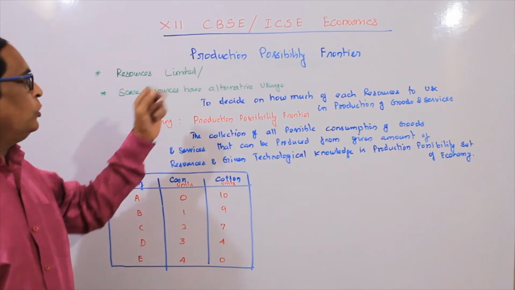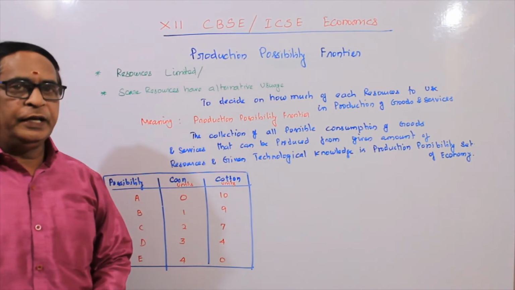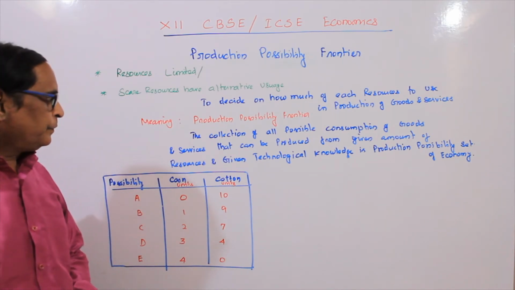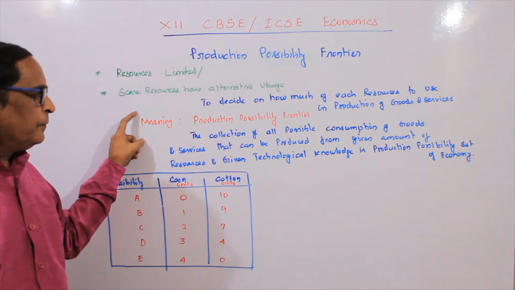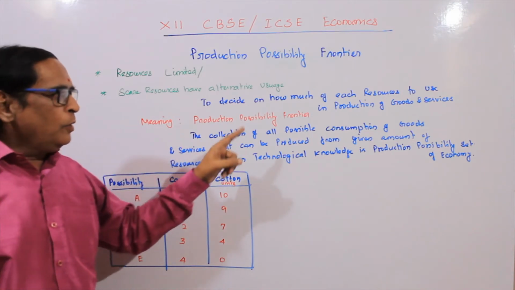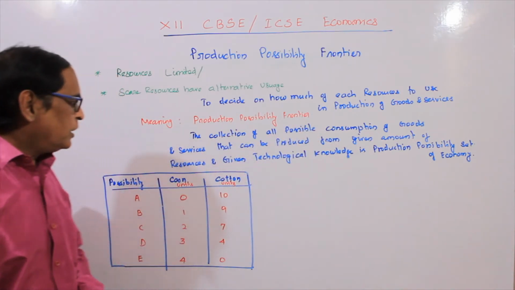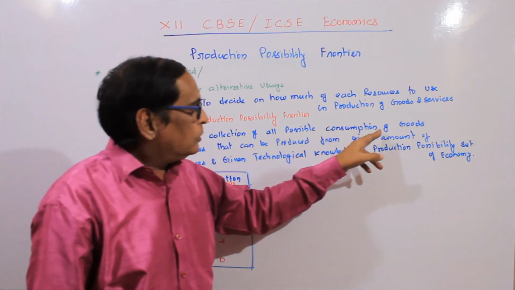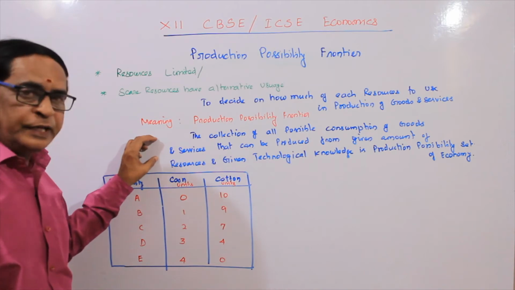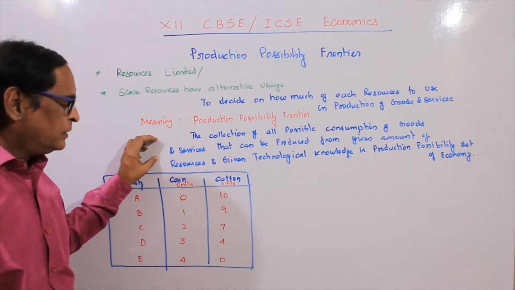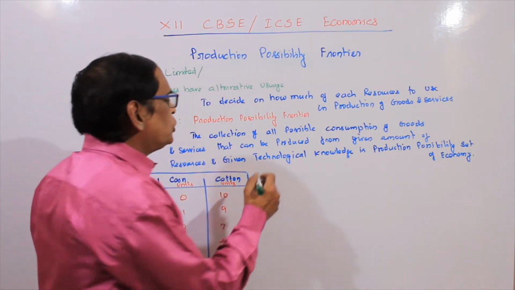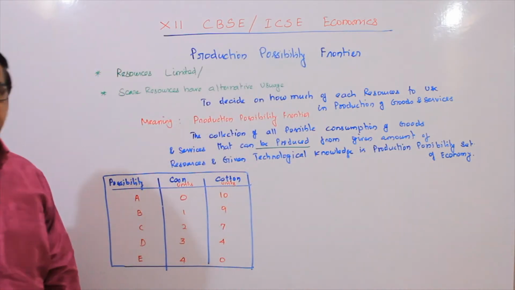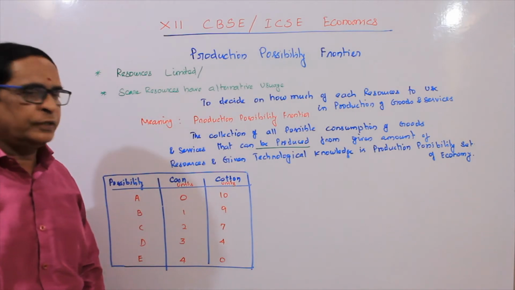Now let's look into the production possibility frontier. What is the production possibility frontier? The meaning is given here: the collection of all possible combinations of goods and services that can be produced from a given amount of resources and given technological knowledge.